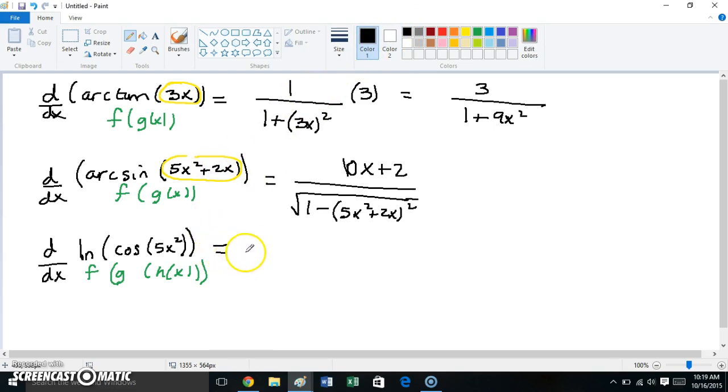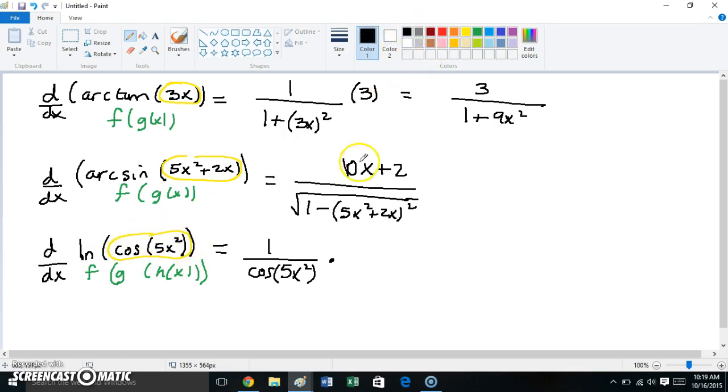Okay, so the derivative of the natural log of x is 1 over x. The derivative of natural log of cosine 5x squared is 1 over cosine 5x squared. We apply the chain rule by taking the derivative of the inner function. The inner function is the cosine of 5x squared.